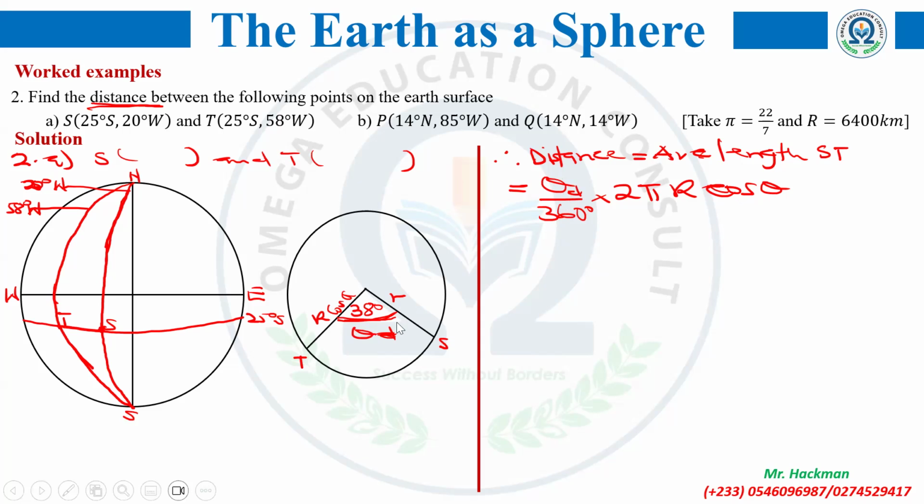That's all. So now this will be equal to theta sub d, which is 38 degrees over 360 degrees, times 2 pi. We are giving pi as 22 on 7. Times your r, which is 6,400, then cos of theta.